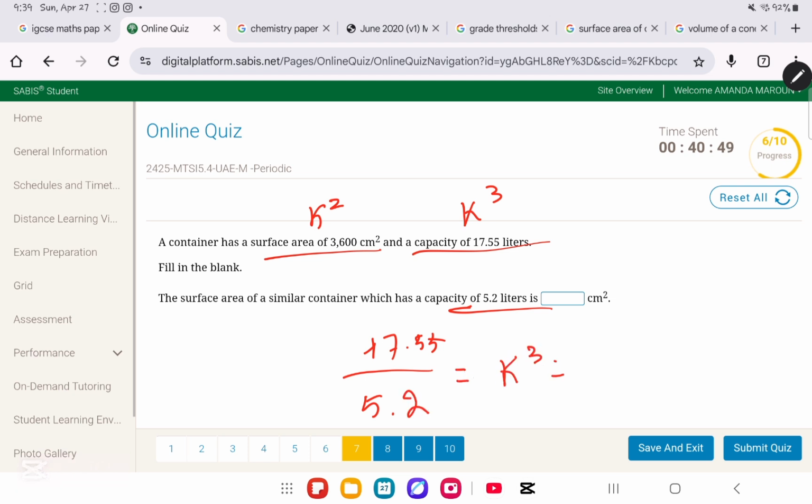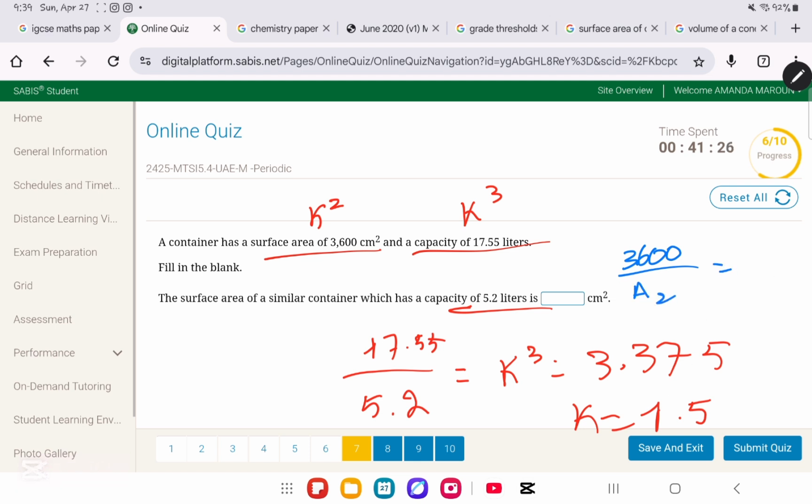So you put it on your calculator, and you will get an answer of 3.375. So then to find the value of k, you're going to do the cubic root of this value, and you will get that k is 1.5. Okay? Now, however, for the surface area, we will need surface area 1, which is 3,600, over surface area 2 is going to be equal to the constant squared.